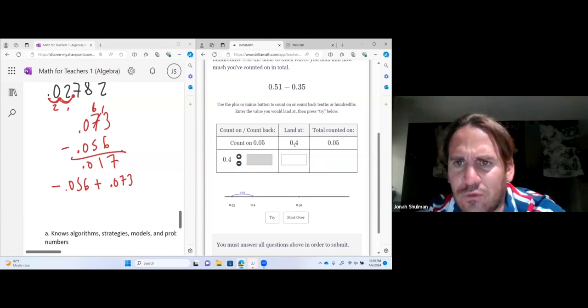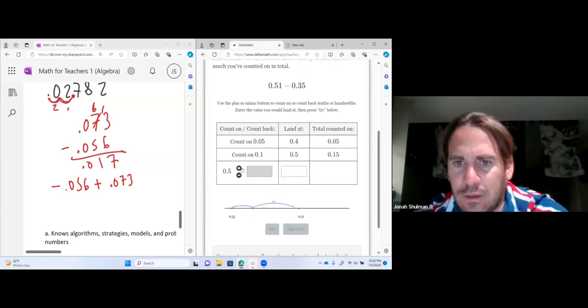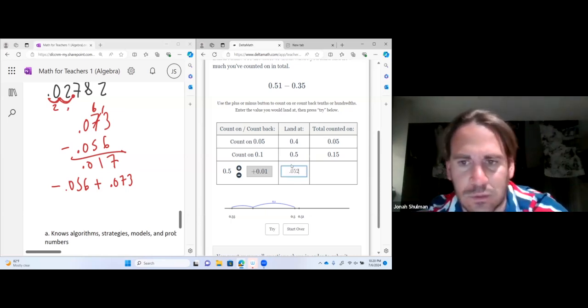So we landed at 0.4, but we have to go to 0.5. So let's add a whole one more. 0.1 brings me to 0.5. Now I'm going to add just a 0.01. And here we go. 0.51 is where we're supposed to end.